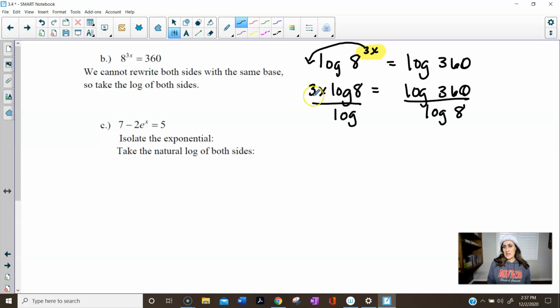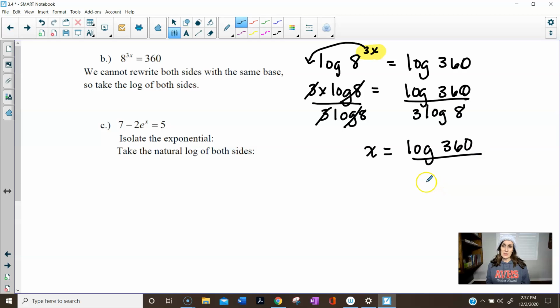And then this 3 is also being multiplied, and so you can divide both sides by that 3 as well. So the 3's will cancel, the log 8's will cancel. And now I have x equals log 360 over 3 log 8. Without a calculator, I'm done. With a calculator, I could just throw in log 360 and 3 log 8, and that's going to be my solution.